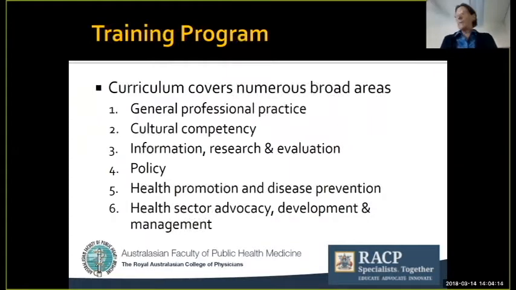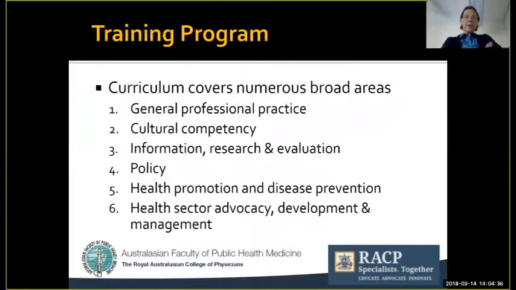So you'll know this from our training curriculum. So that's this document here, which I find really useful to have hard copy of in terms of looking at the competencies and filling in learning contracts and so forth. It's on the web, so easy enough for you to get.